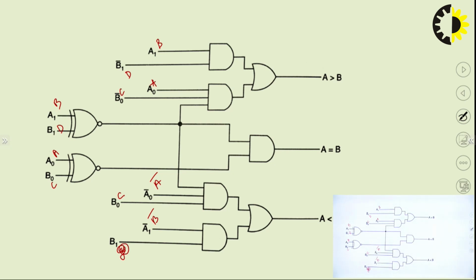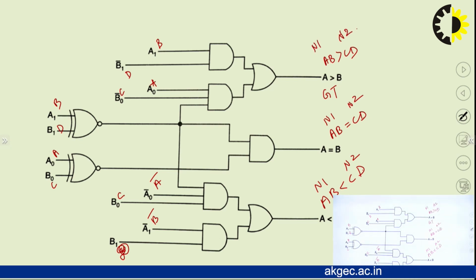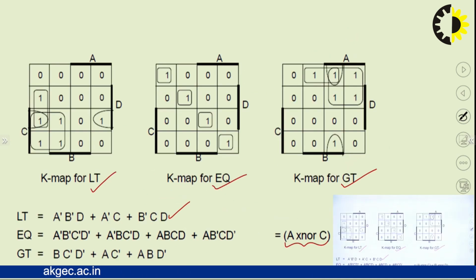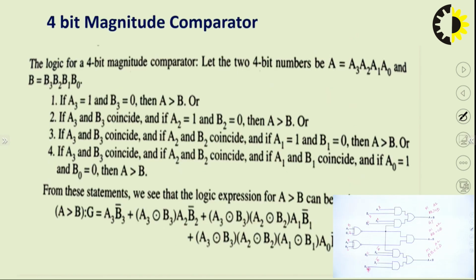So in this case we can derive the greater than logic if AB is greater than CD, if AB is equal to CD, and if AB is less than CD. So by solving these 3 K-maps, we can design the logic for the 2-bit magnitude comparator circuit.